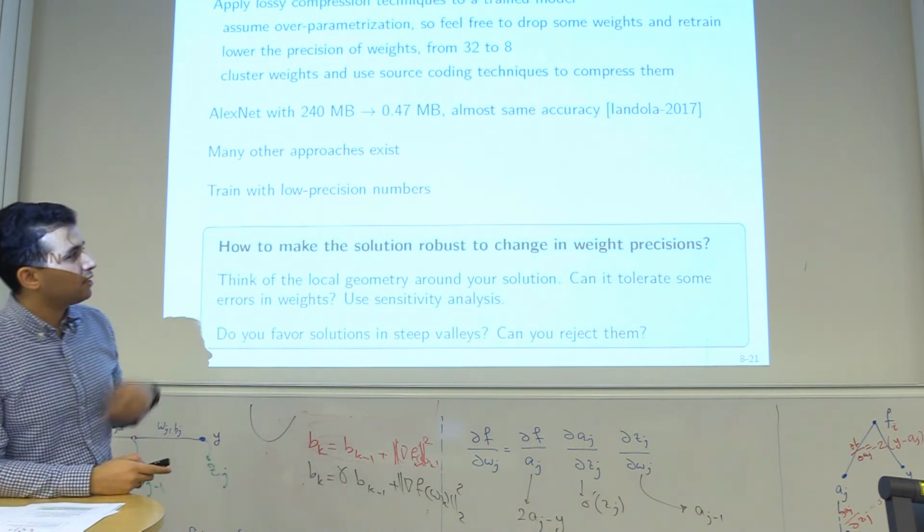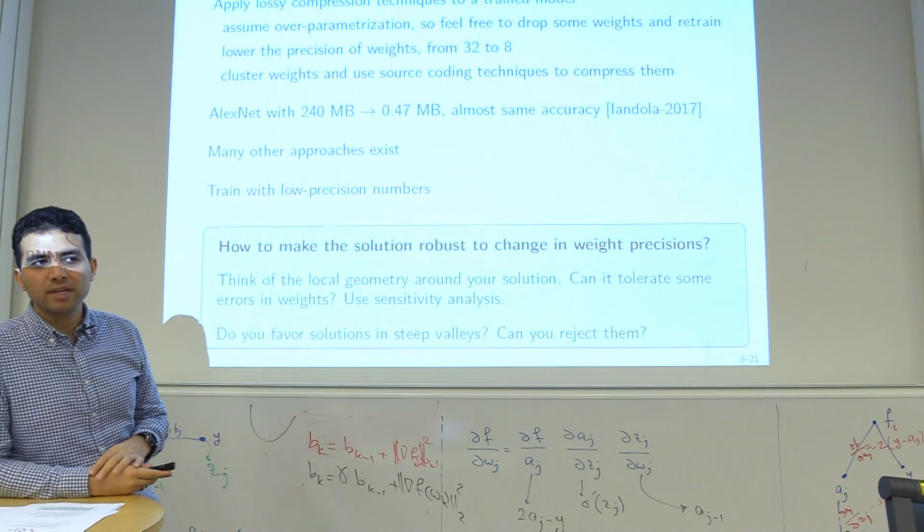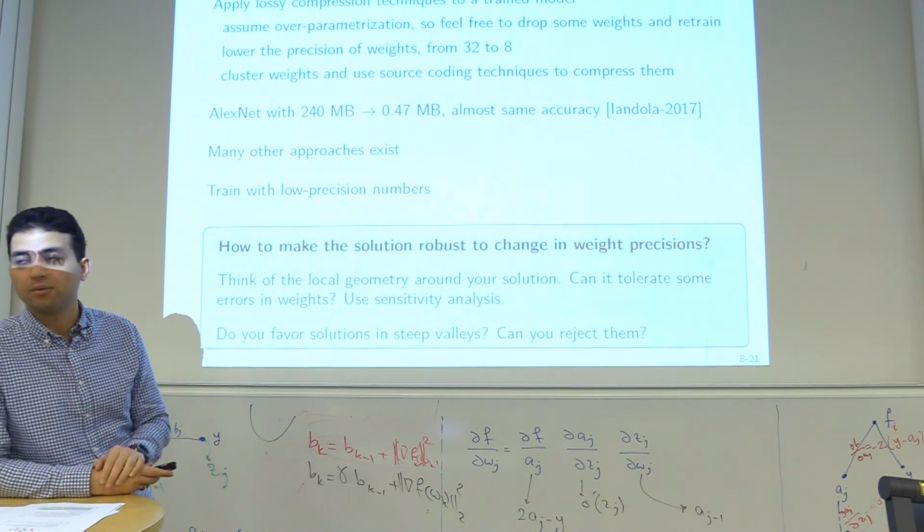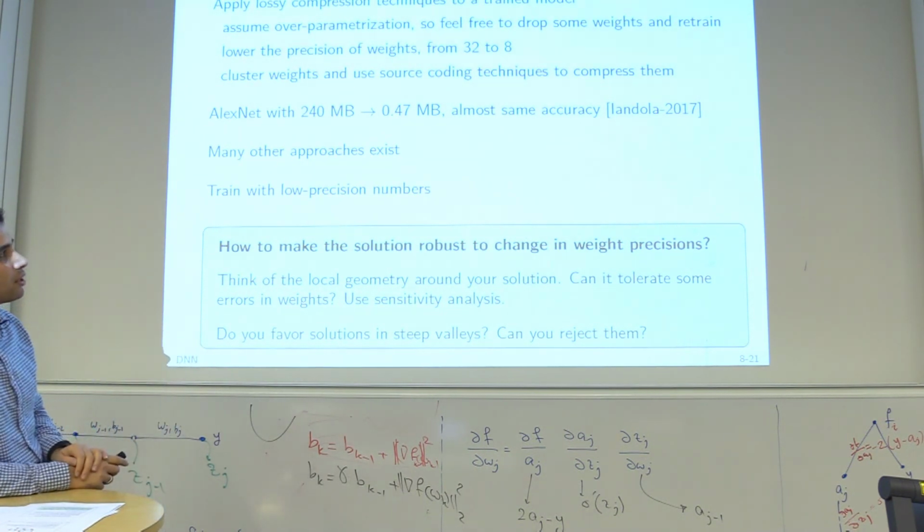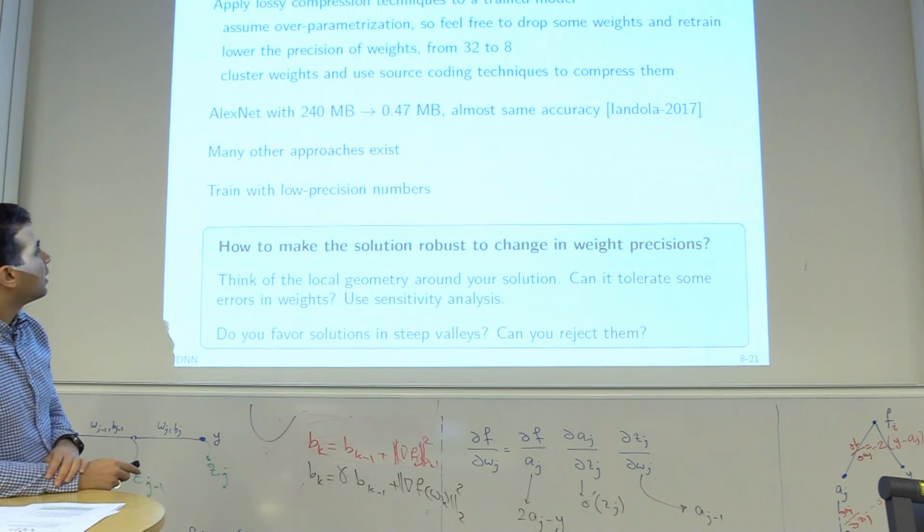Lots of those weights are almost on the same scale, so you can do that, and you can get a lot of compression. You can do all of them and have this huge amount of compression.